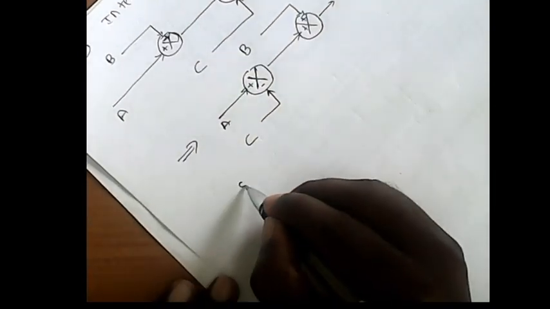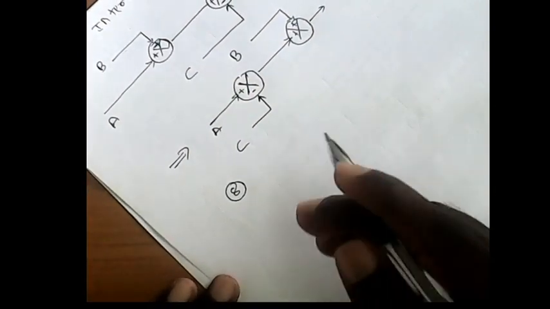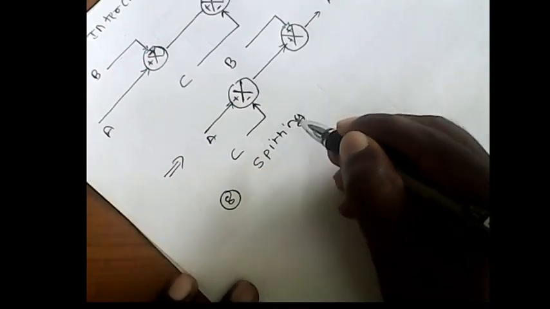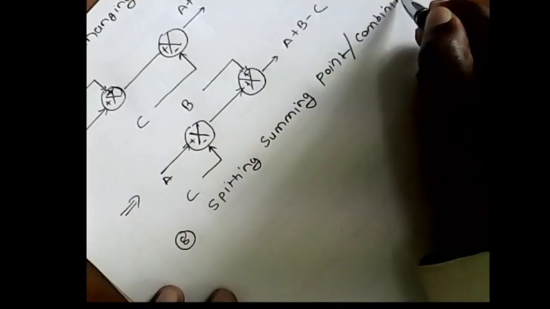Now the eighth rule, splitting the summing point, or we can say combining, vice versa, combining summing points.